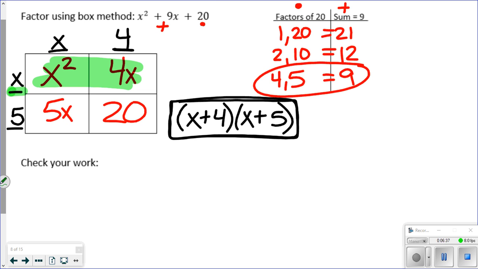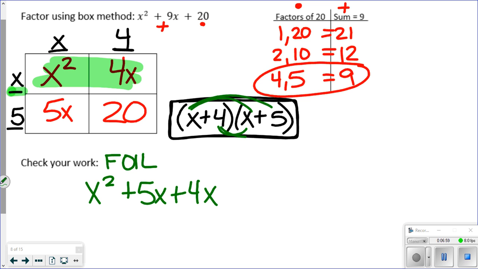Now, how would we check our work here? Well, we could do the box method for multiplying, or we could think about the distributive property or foiling. So first, outside, so we're going to multiply this back through. Inside, last.